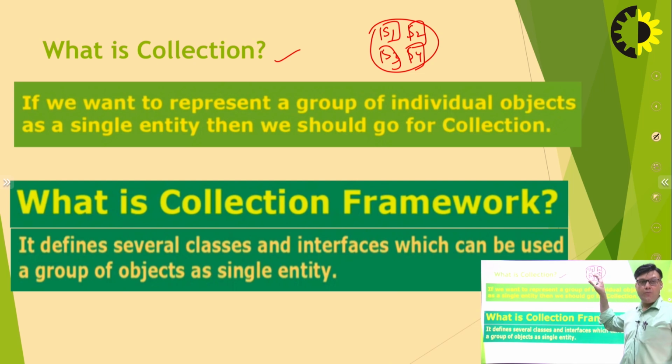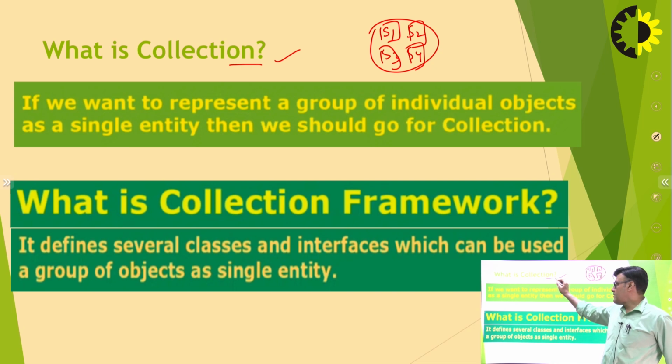So this is a group of individual objects which can be seen as a single entity. So this is the definition of collection. What is collection? If we want to represent a group of individual objects as a single entity, then we should go for collection. Okay students, this is collection, number 1.